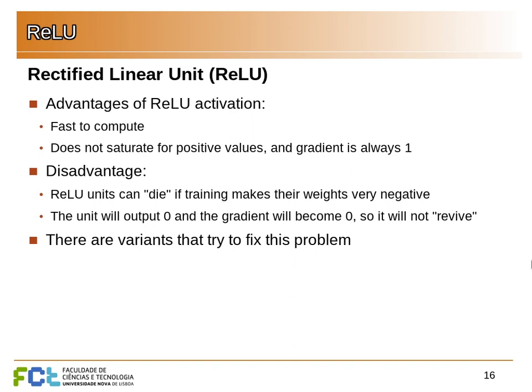Aside from being very fast to compute, because it's a very simple function, the function does not saturate when the neuron is active, so you don't lose gradient information. One disadvantage of rectified linear units is that the units can die.